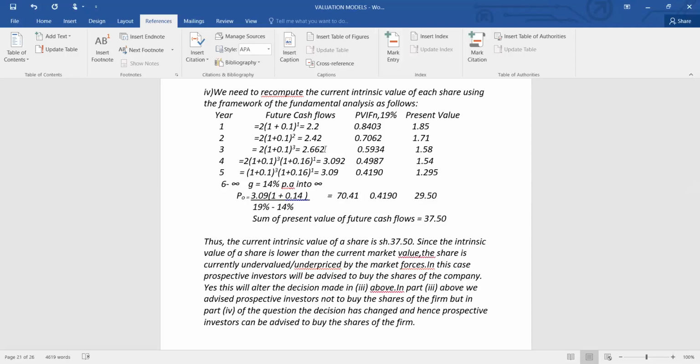Suppose you take 2.42 times 1.1 without squaring, does it give you the same thing? Yes. You can decide to compound from the initial 2 or simply take 2.2, take a 1 year growth.